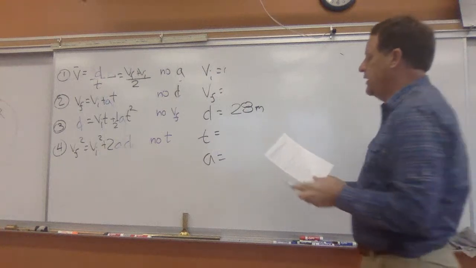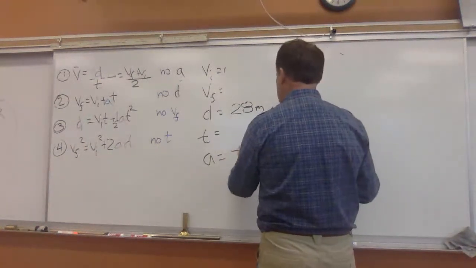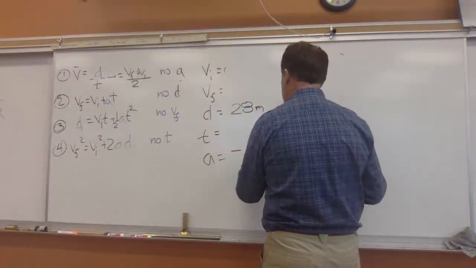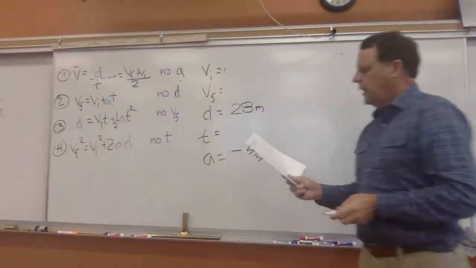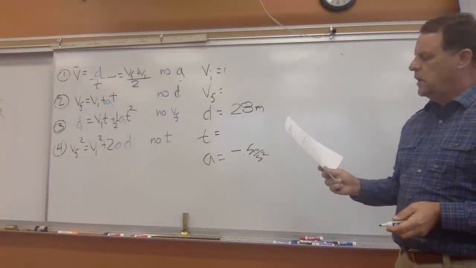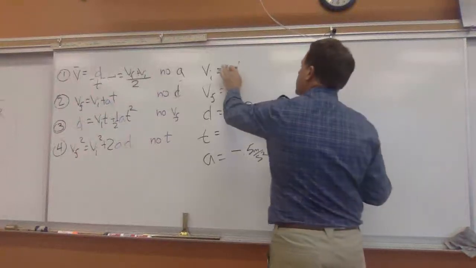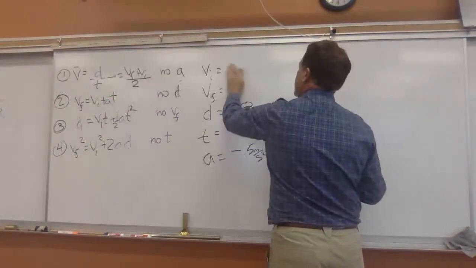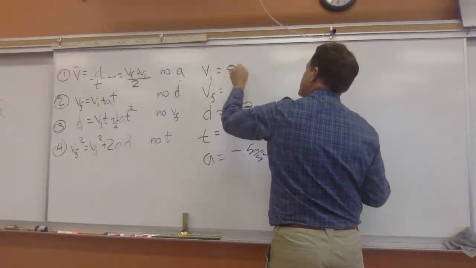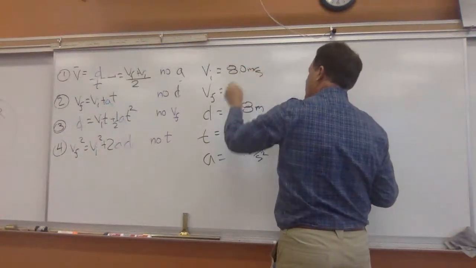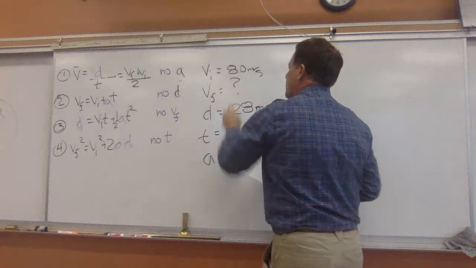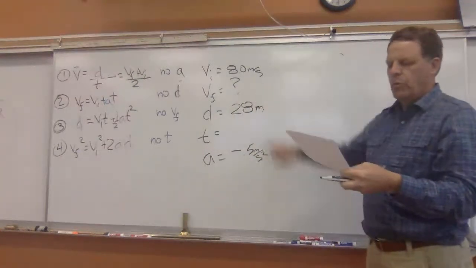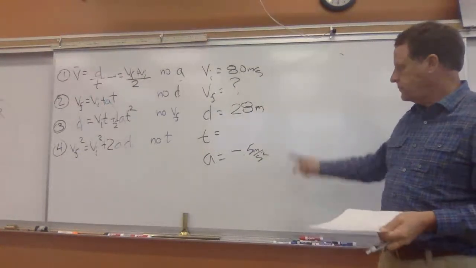We have an acceleration this time of negative 0.5 meters per second squared. And we started out with a speed of 8 meters per second. Again, we want to know what the final velocity is.